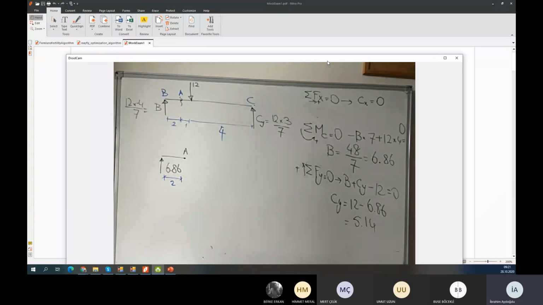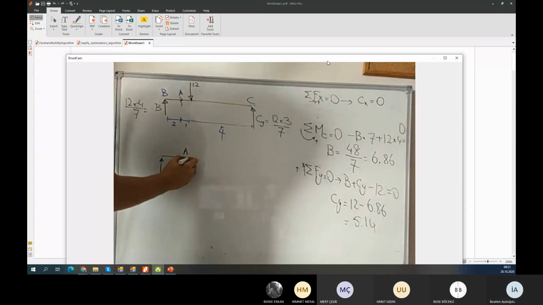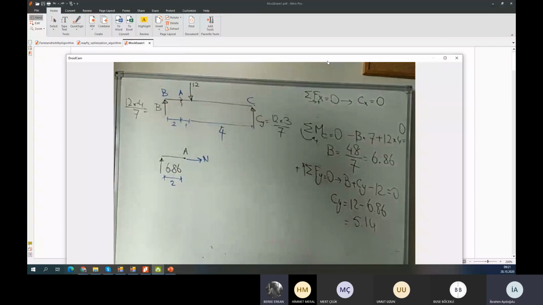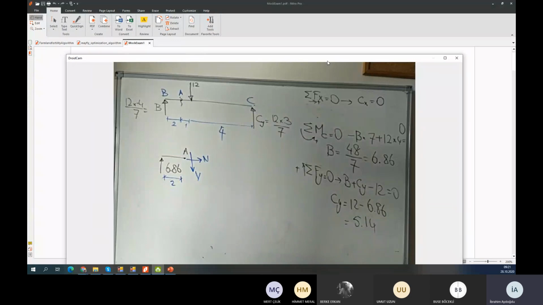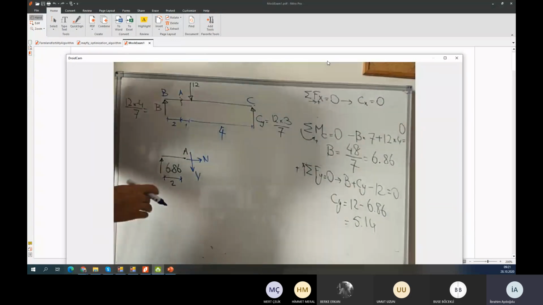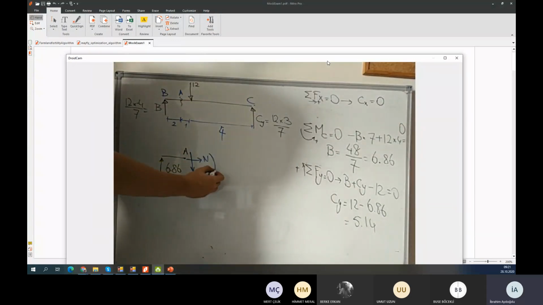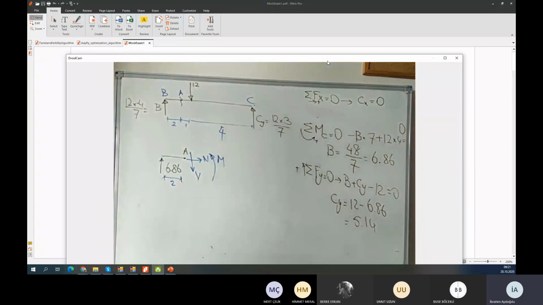I can answer for you. 3. First one is the normal force. Normal, shear and moment. Yes. Finally. Thank you so much. So we have 3 internal effects, internal forces and moments.